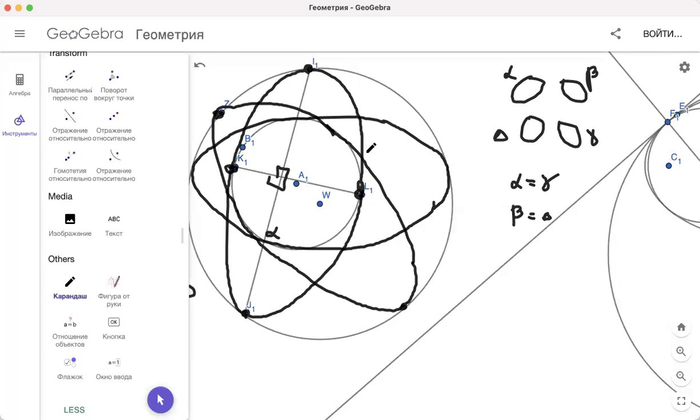And also we assume that one circle lies inside the other one. For this configuration, we obtain a family of similar ellipses with the same eccentricity.